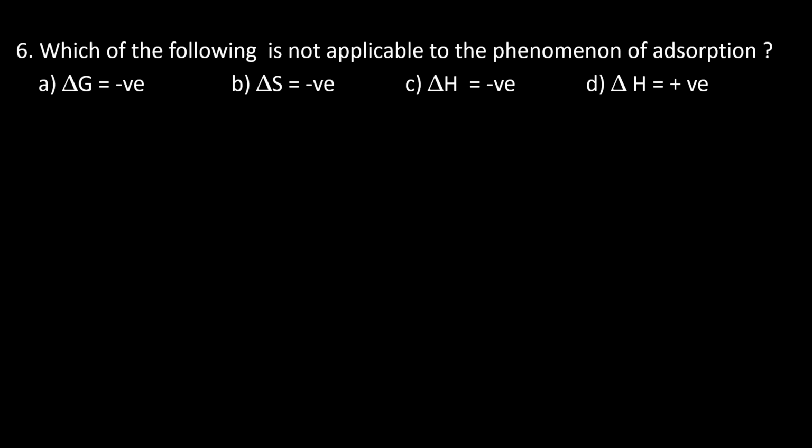Therefore for this process delta G is negative, delta S is negative, and delta H is also negative. Therefore the correct option is the last option, that is D option, delta H equal to positive, because it is not an endothermic process. For an endothermic process delta H is positive, for an exothermic process delta H is negative. So the correct option is the D option.